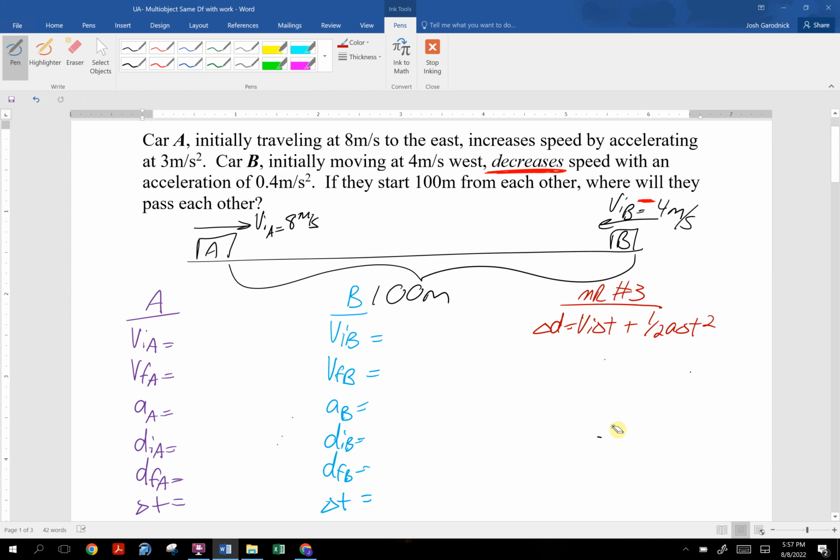What we did was separate delta D into D final minus D initial, keep the rest of the equation, and then move the initial position over. So we got an expression for the final position: final position equals initial position plus initial velocity times time plus 1/2 acceleration times time squared. By now you should know this is definitely the expression you're going to be using for these very specific types of problems. So let's go back and fill in what we know.